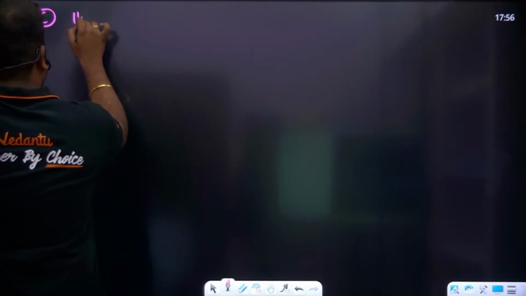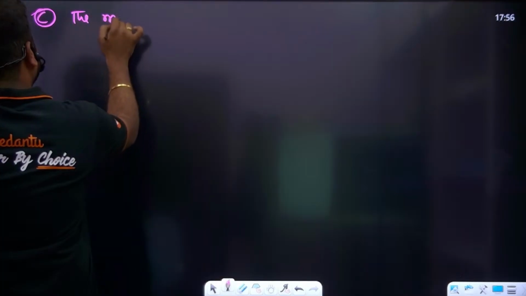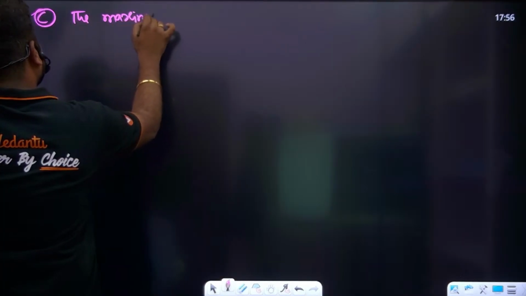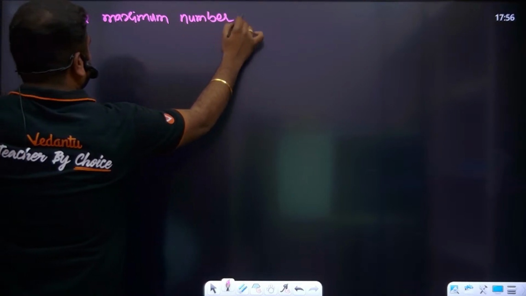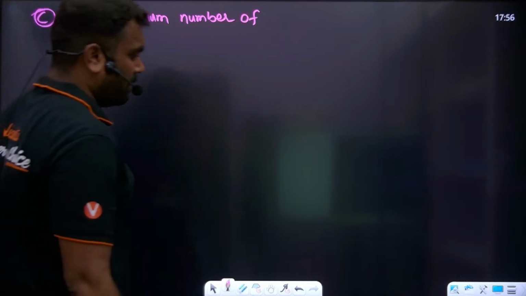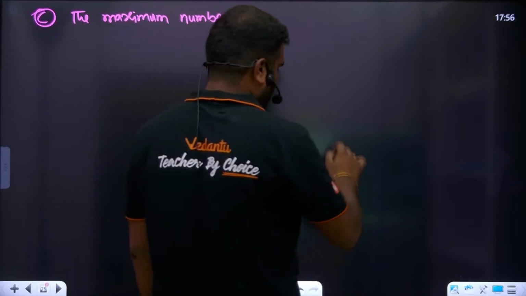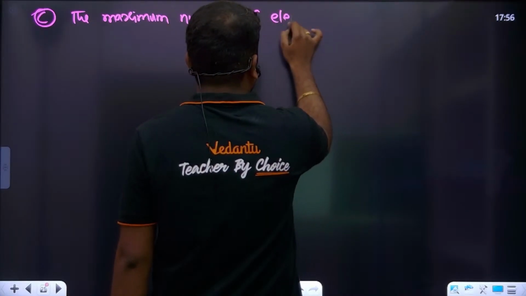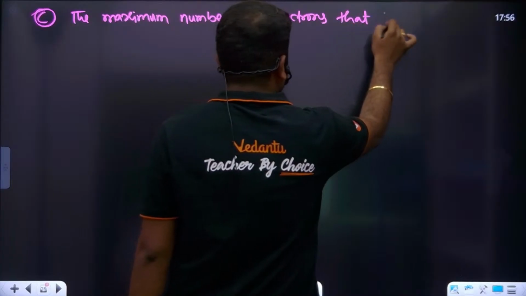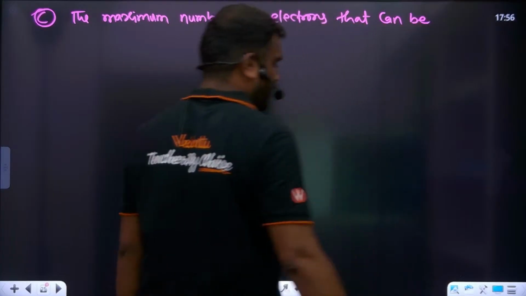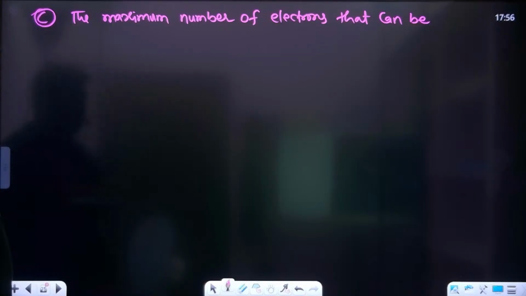The maximum number of electrons that can be accommodated in an orbital is 2.